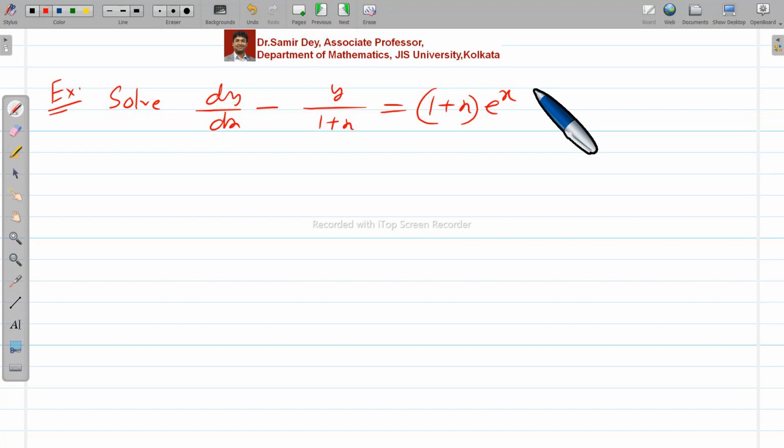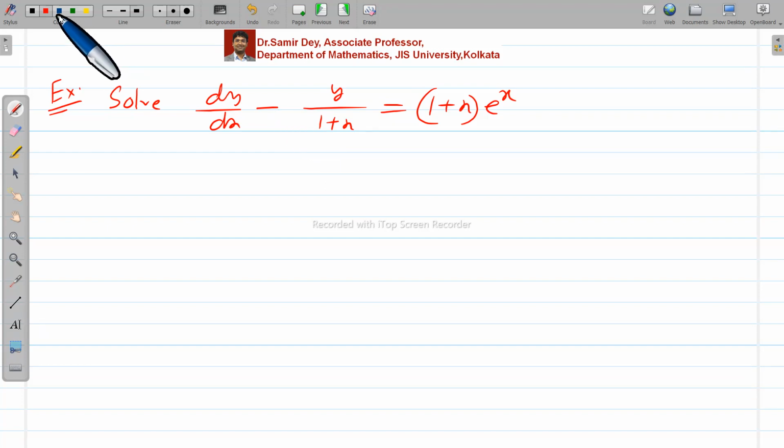Yes, very good. So in this example, you can see I have considered a negative. There may be a chance to see a negative sign over here. Now try to understand how to solve it. If these two types are clear to you, then you can solve all types of questions based on linear equations.